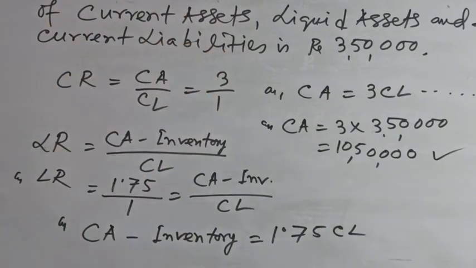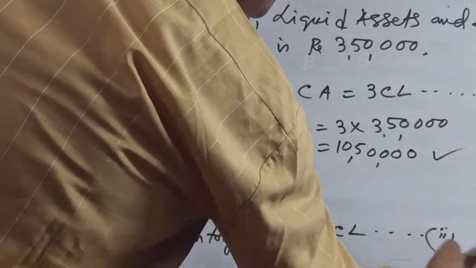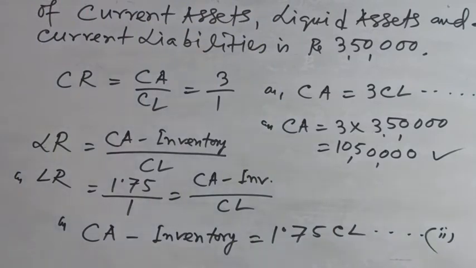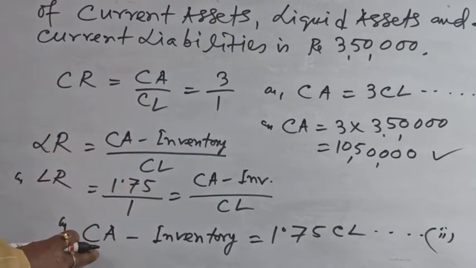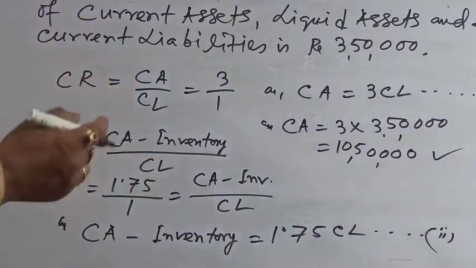This is another equation, let it be equation number 2. You find out the value, automatically two figures are given. CA you already know, current liabilities also known, then you find out the inventory easily.